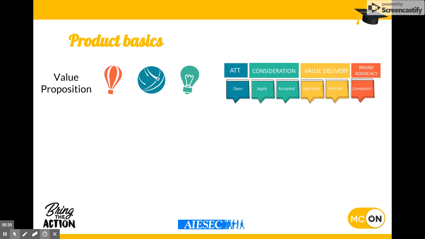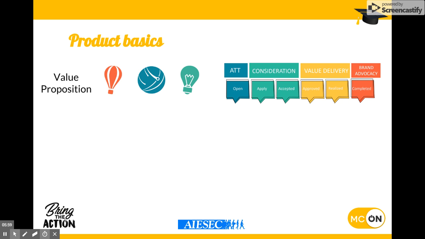We have four phases in the customer flow: attraction, consideration, value delivery, and brand advocacy. And inside those phases, you have different statuses that a person can have when advancing in this customer flow and in the process of becoming a customer of ISEC.